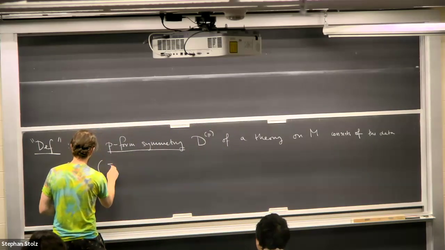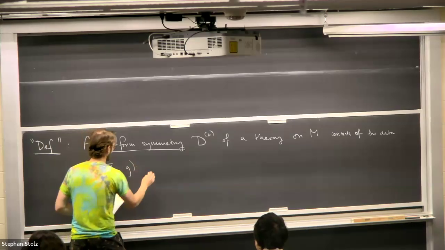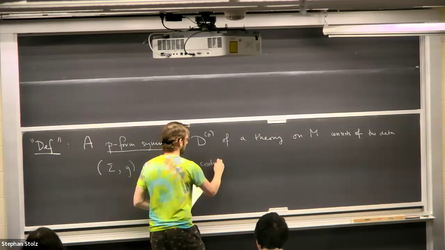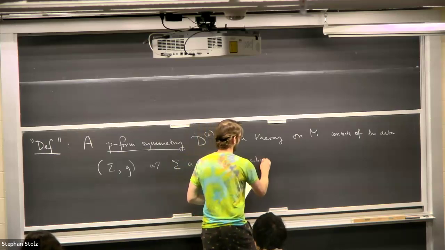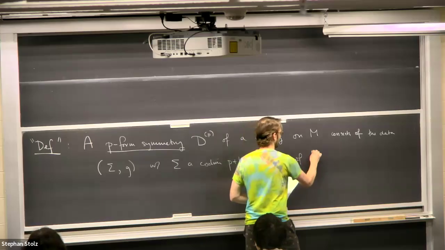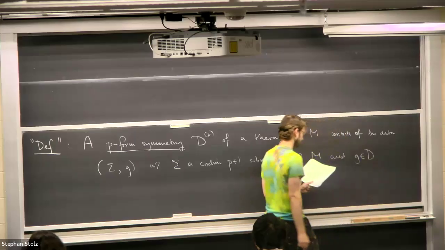Pairs: Sigma, a codimension p plus 1 submanifold of M, and g, an element of the group.